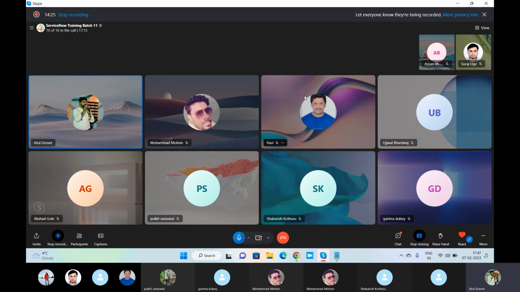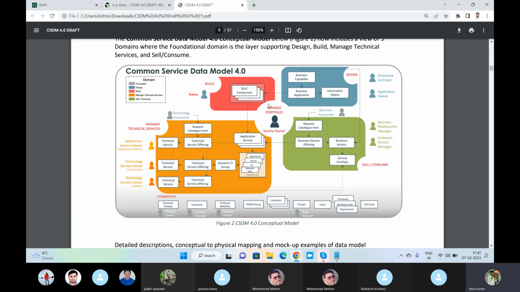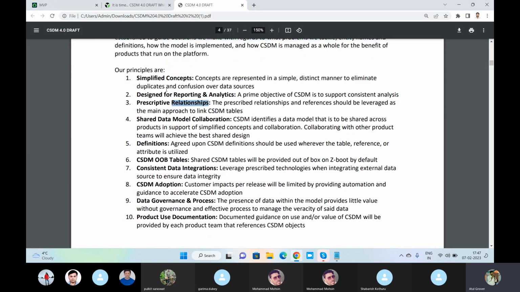When that girl took birth, immediately the family relationships changed. People started calling Suraj a father. Suraj's wife immediately became a mother. Suraj's parents became grandfather and grandmother. Suraj's sister became some other relation to that girl. It means these are predefined relationships. This is what they are saying here, that we are providing you some predefined relationships.